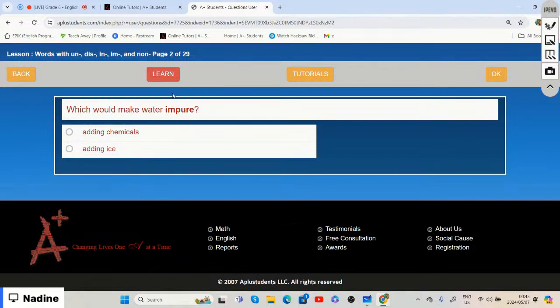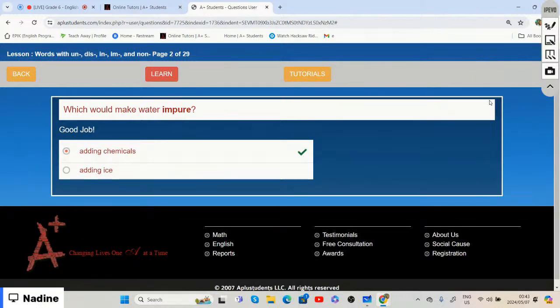Something that might make water impure would be adding chemicals. So the first option, yes, option one is correct. Well done.